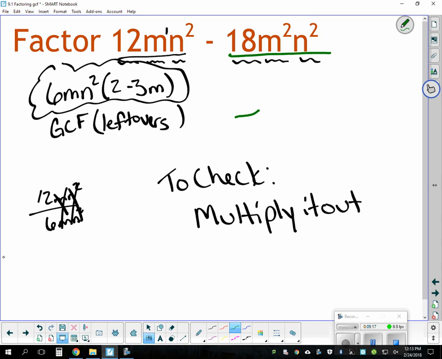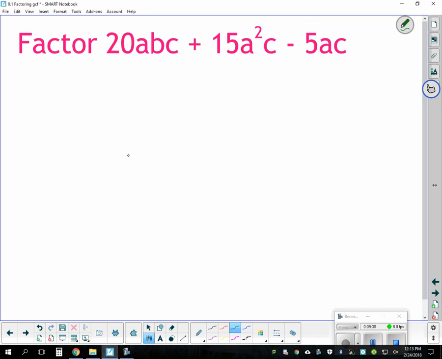So maybe do it as scratch work off to the side, or even in your head, whatever. So 6mn squared times 2 is 12mn squared. 6 times negative 3 is negative 18. M times m is m squared, and there's my n squared. Okay, so you can check these just through multiplication. Awesome, right? All right, next problem.